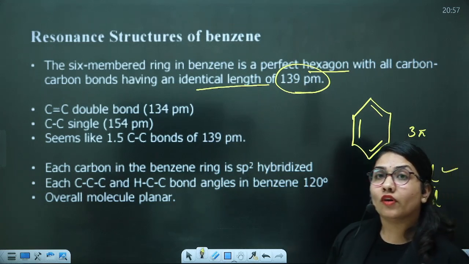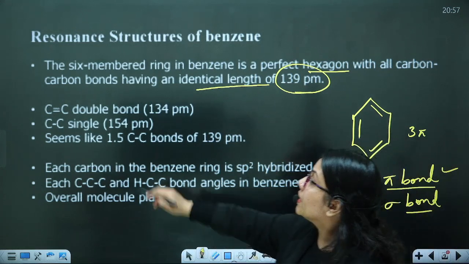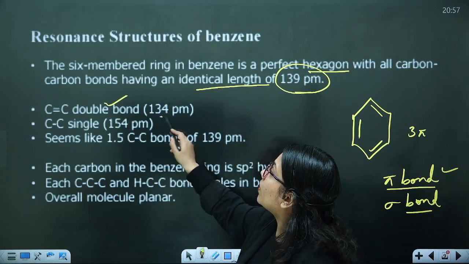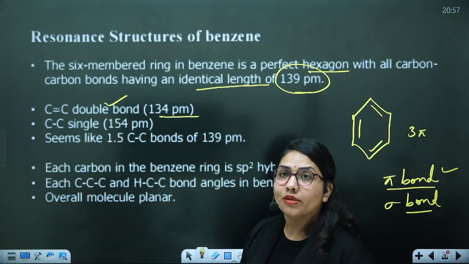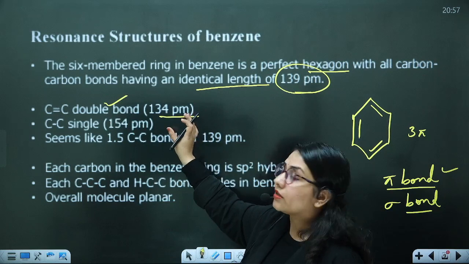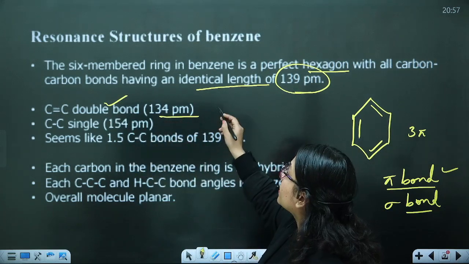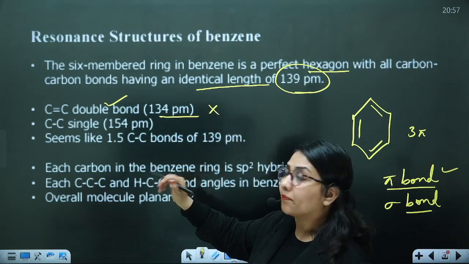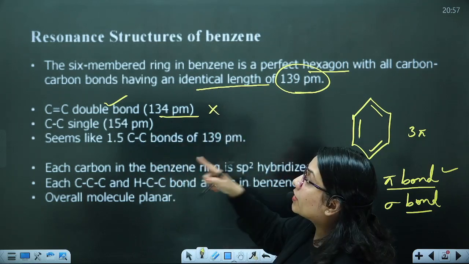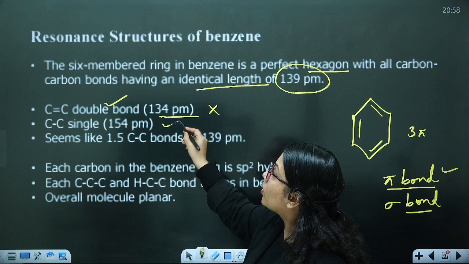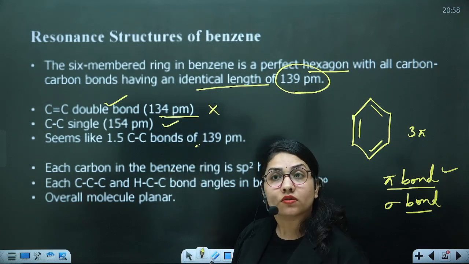We were eager to find out that this must contain a carbon carbon double bond of 134 picometer, because this is the experimental data we have for a carbon carbon double bond, but this was not what we found. Next we wanted a carbon carbon single bond of 154 picometer length, but it was also not there.